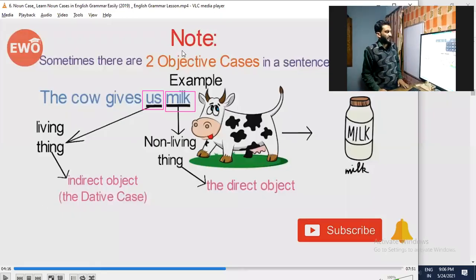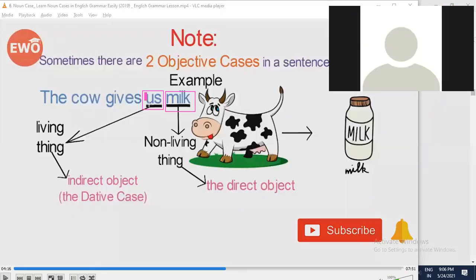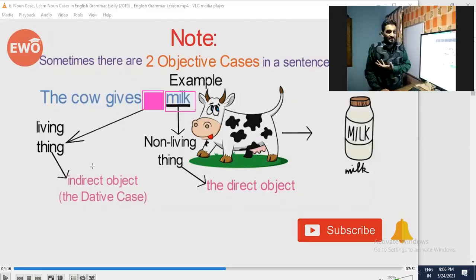लाइक मैं बोलूंगा, अगर हम अस को यहाँ से हटाएं, जरा अब आप पढ़िए, what is the sentence? The cow gives milk. The cow gives milk, and it is a complete sentence, there is no incompleteness in the sentence. The cow is the subject and gives is the verb, and what is the object?